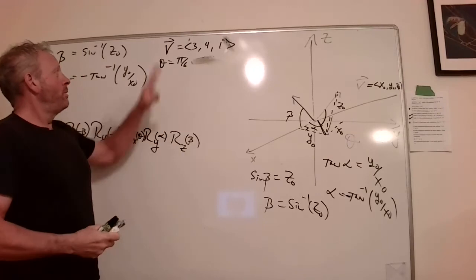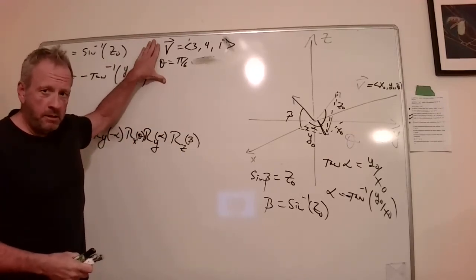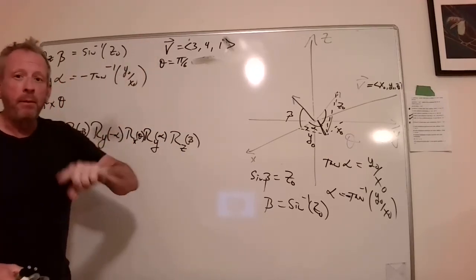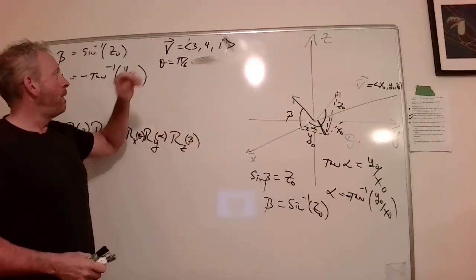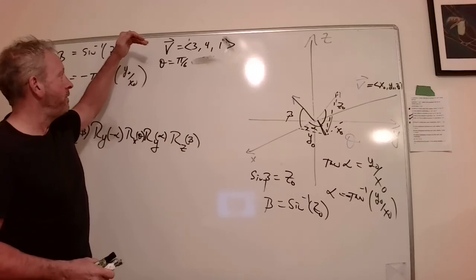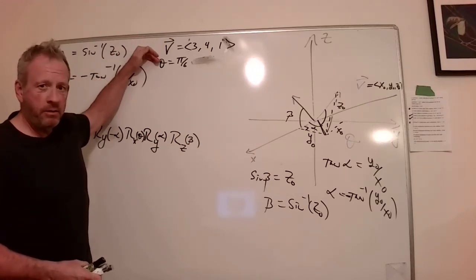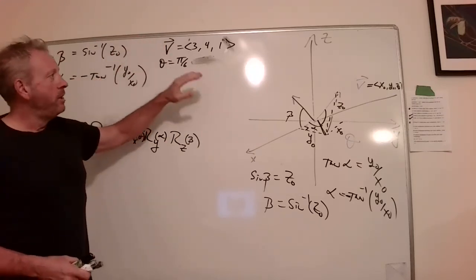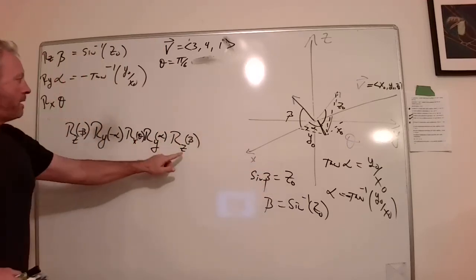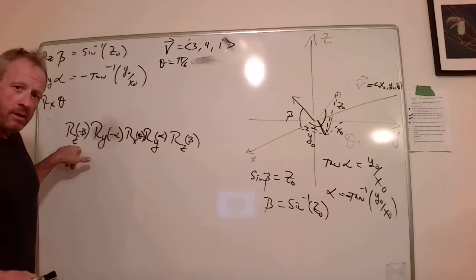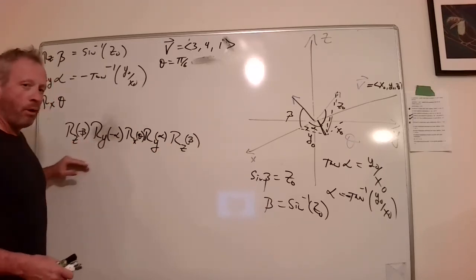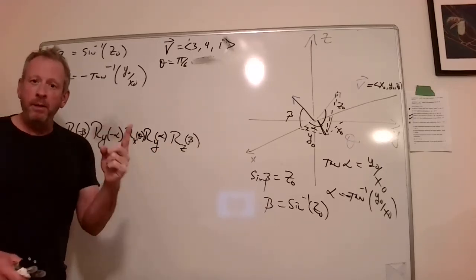Okay, so given this, determine the matrix which will rotate R3 about the line determined by this direction vector, by pi over 6 radians. What does that mean you're going to have to do? You're going to have to figure out alpha, beta, these five matrices, and then multiply them, and you will get one matrix.